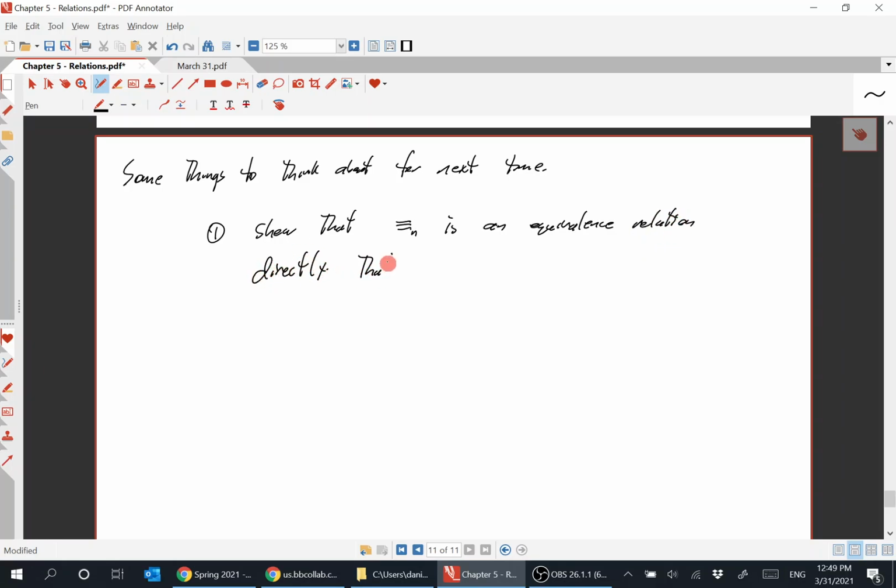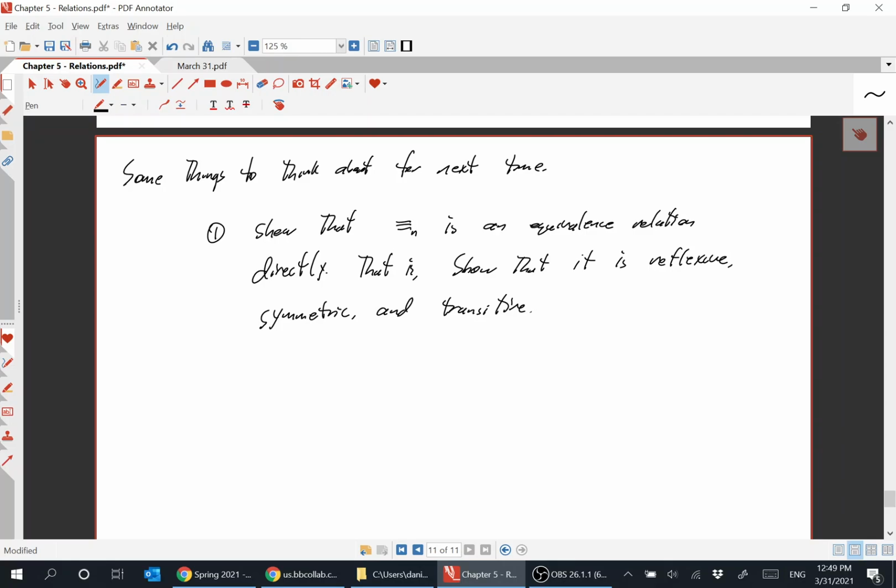That is, show that it is reflexive, symmetric, and transitive. So show it's an equivalence relation that way: reflexive, symmetric, transitive.